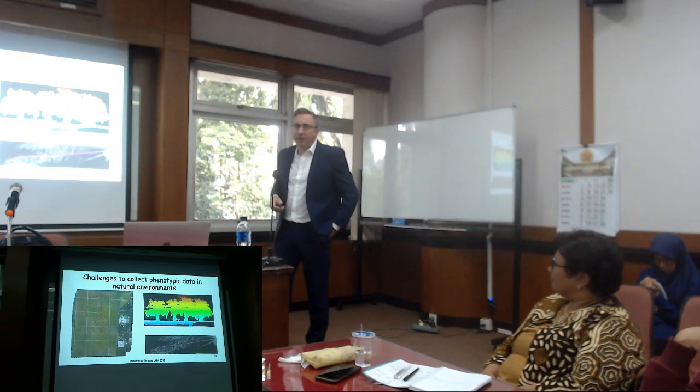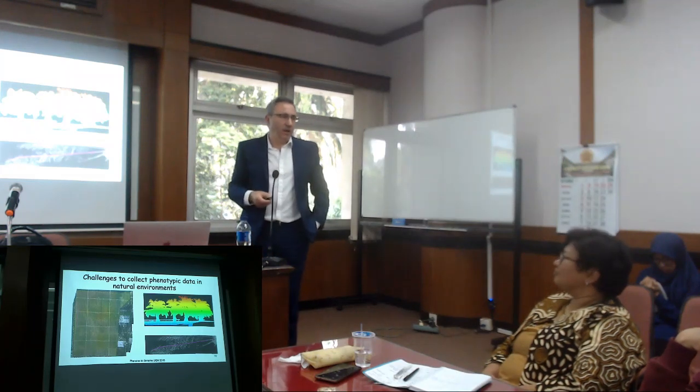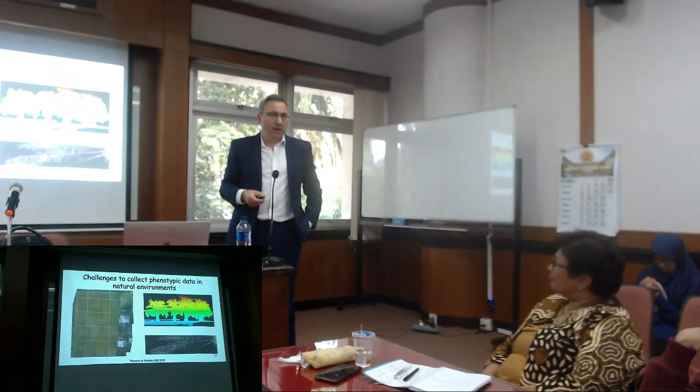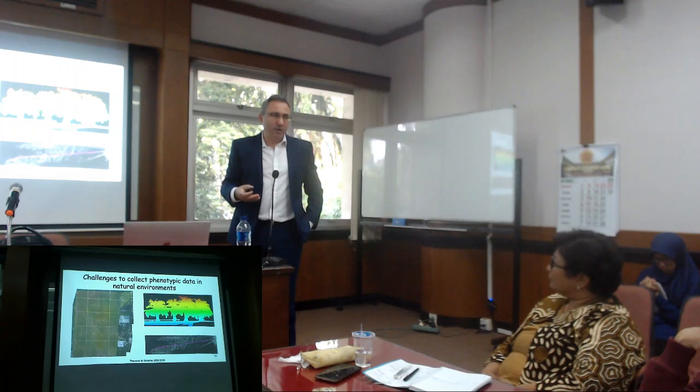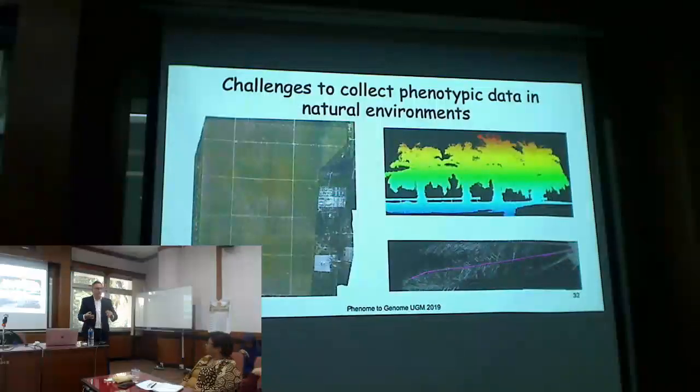This is a satellite image that tells you all these parameters I told you earlier. From this data, you can extrapolate the height of the plant, the photosynthetic value, resistance to drought, everything.